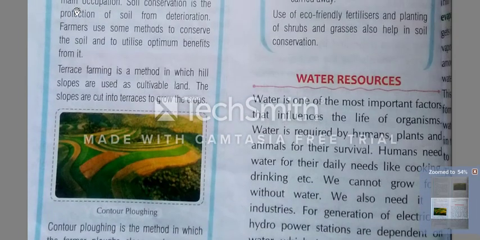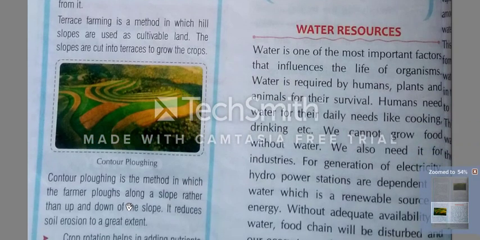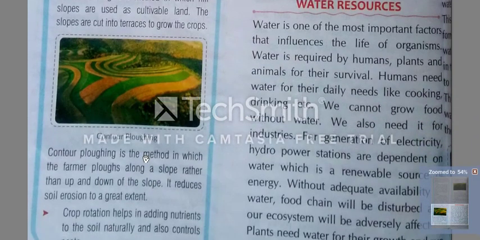Terrace farming is good for up and down slopes, but contour ploughing is possible along a slope.